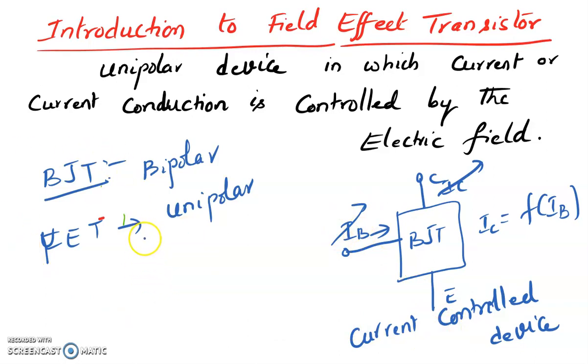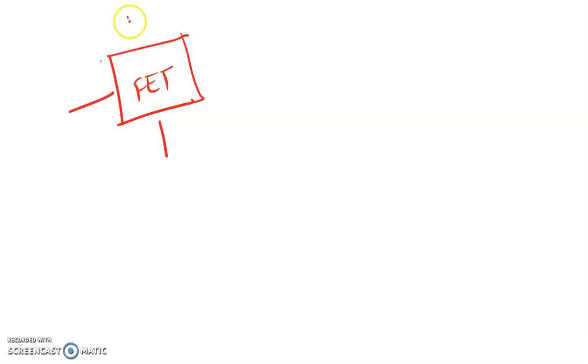Coming to the field effect transistor, it is a unipolar device whose current conduction is controlled by the electric field. This is a field effect transistor having three terminals: gate, source and drain.